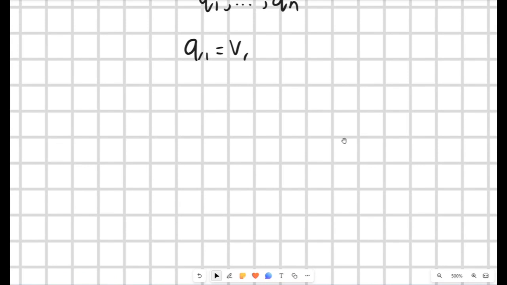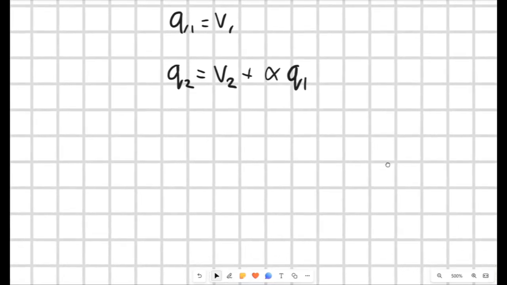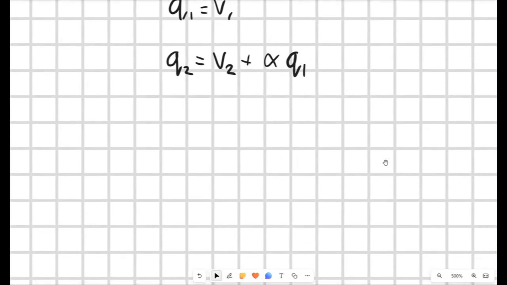And we're going to pick q2 by saying we want q2 is equal to vector v2 plus some constant times q1. And then what we want to do is choose the constant alpha so that q2 is orthogonal to q1. So to do that, we're going to pre-multiply by q1 transposed.